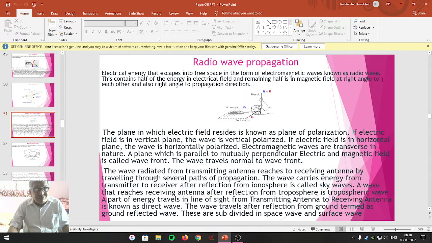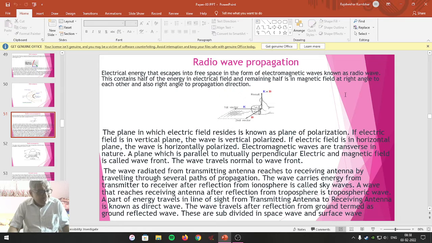This radio wave contains half electrical energy or electric field and half magnetic field at right angle to each other, and this propagation is at right angle to the electric as well as the magnetic energy.